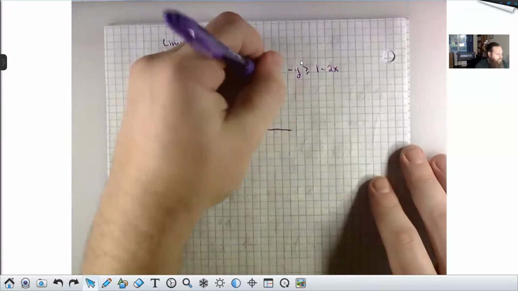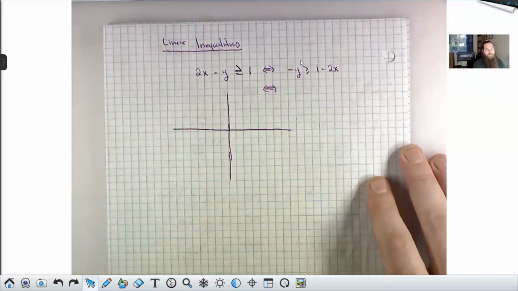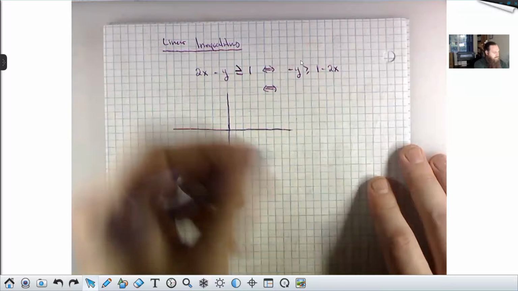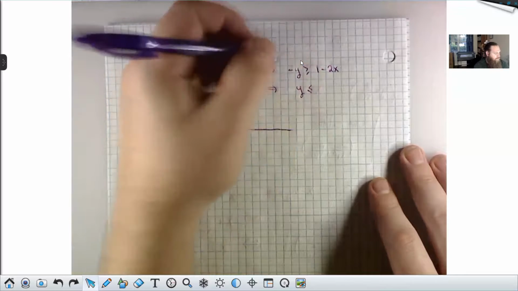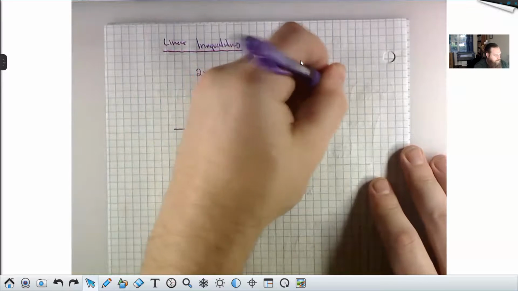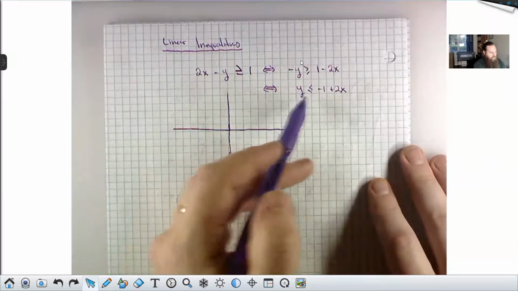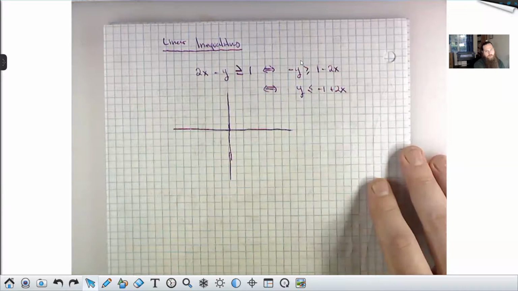And then I can divide both sides by -1. And remember, when you multiply or divide both sides of an inequality by a negative number, the inequality symbol flips over. So when I get rid of the negative over here, this is going to become y is less than or equal to -1 plus 2x. So just like with an equation, the only difference is this inequality flips over because I divided by a negative.